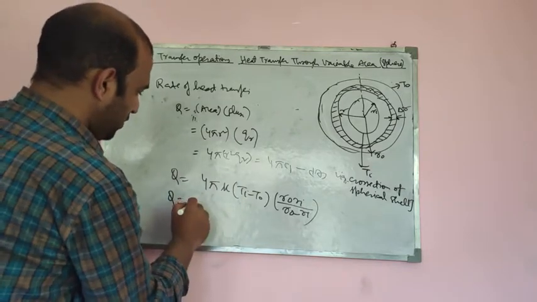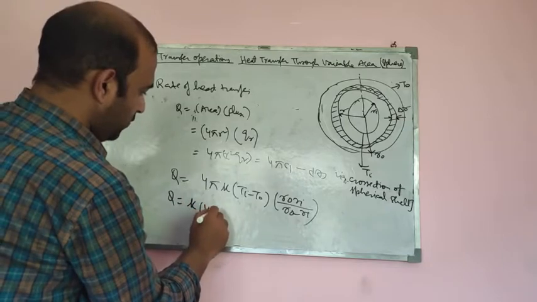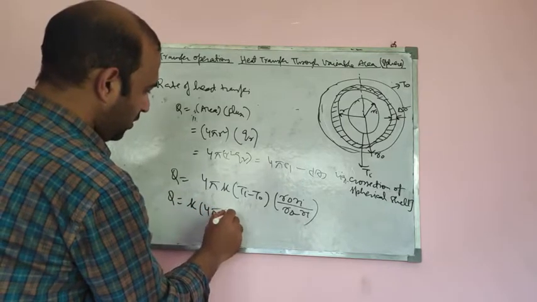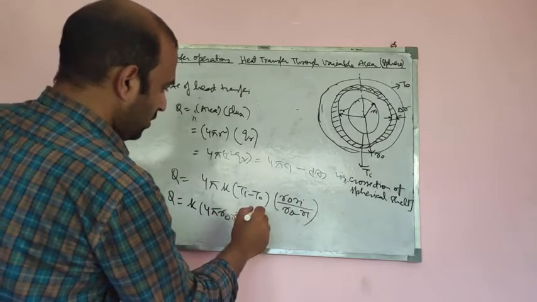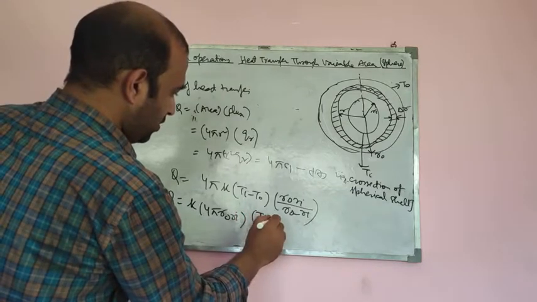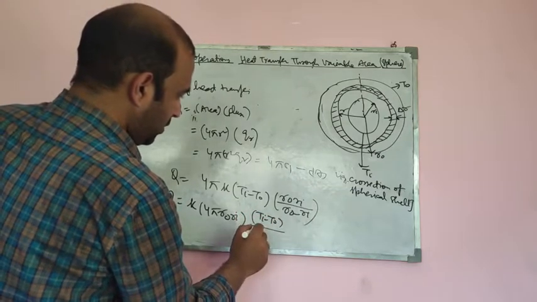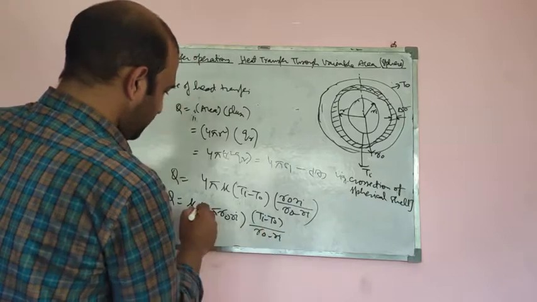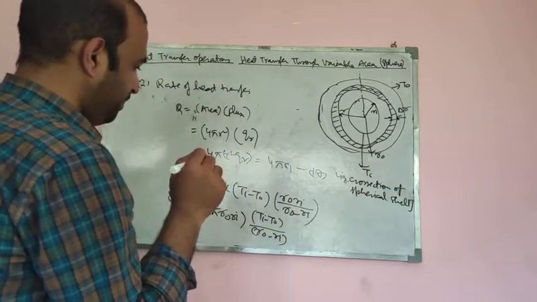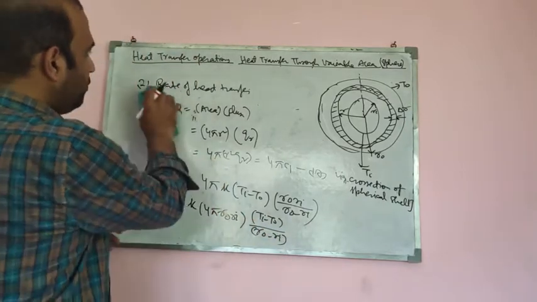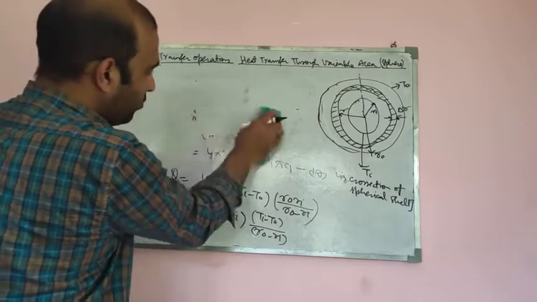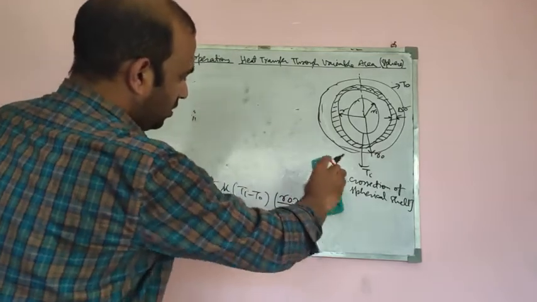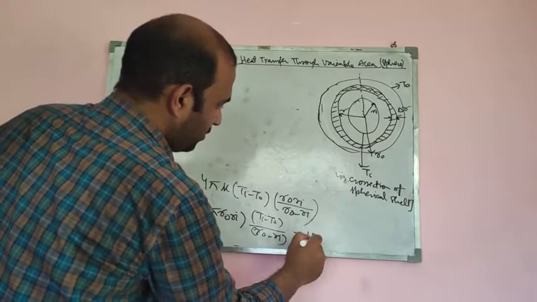You can write first K in the form of Fourier's law. It will be 4 pi R naught Ri, and this will be Ti minus T naught divided by R naught minus Ri. Or you can just rearrange this equation. Let's call this equation 18.